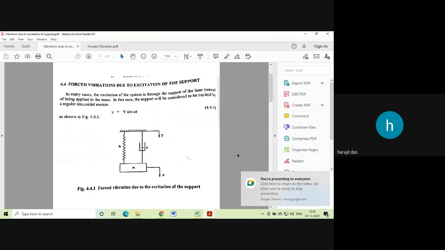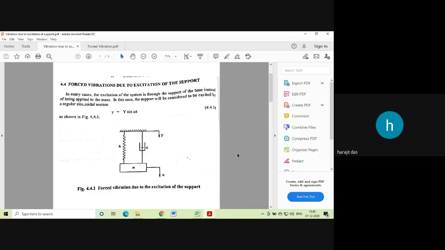Okay. So, in the earlier cases of forced vibration, there was no vibration of the support. Only the mass was vibrating. Here there is a case where we will be considering the vibration of the support also.